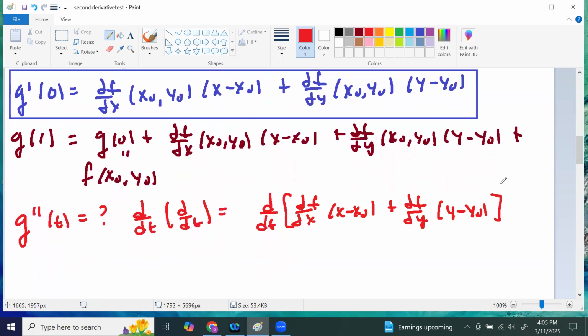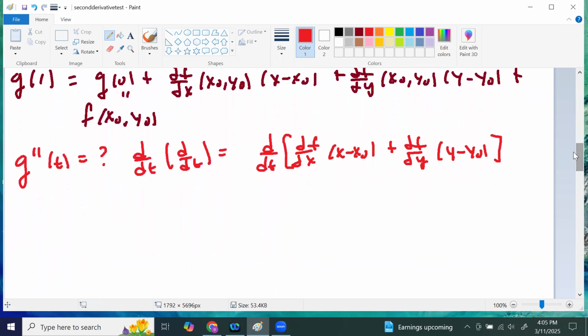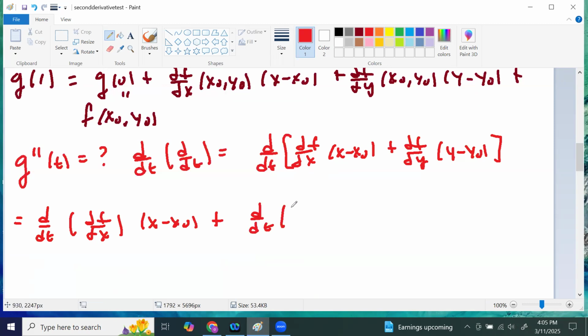Like so. And as you know, the derivative of the sum is the sum of the derivatives. And keep in mind, with respect to t, this is a constant. And we got to take this derivative here as well. And this is a constant with respect to t, right? So now we have to use the chain rule again.